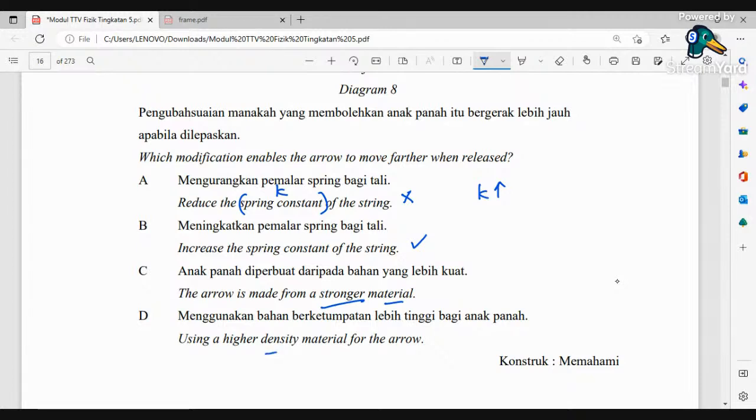Using higher density material. Arrow should be lower density, kena higher. Berat tak boleh gerak jauh kan. Jadi jawapan paling tepat ialah B. Okay, increase spring constant. So increase elastic potential energy. So when elastic potential energy convert to kinetic energy, it will travel longer distance.